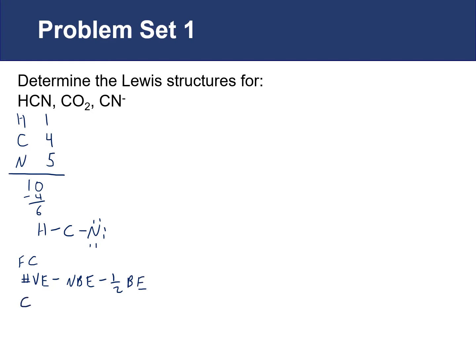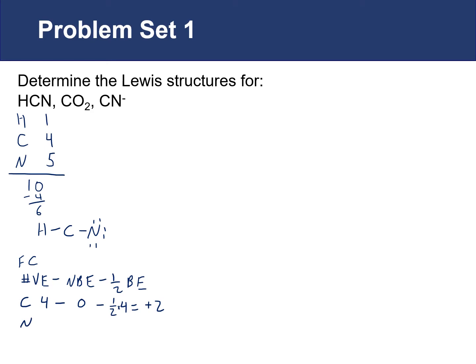For carbon, carbon has 4 valence electrons minus the number of non-bonding electrons is 0 minus 1/2 of the number of bonding electrons, which is 2 from each bond for a total of 4. So carbon has a +2 formal charge.